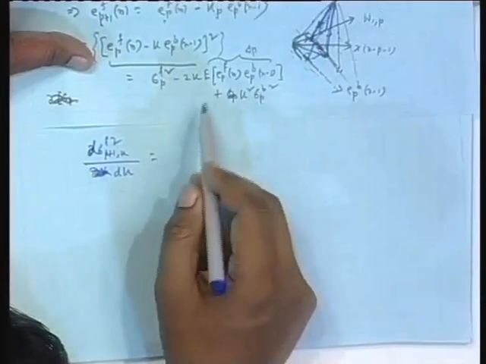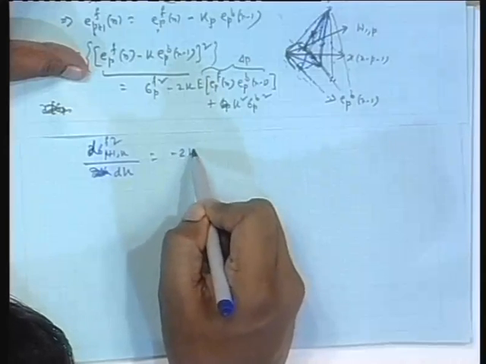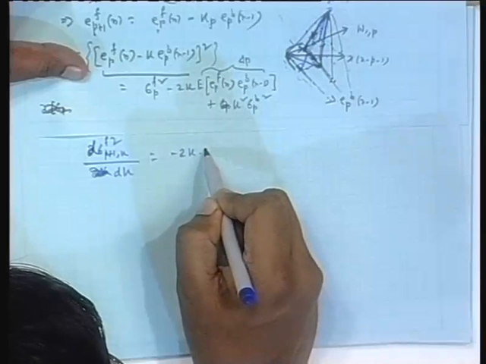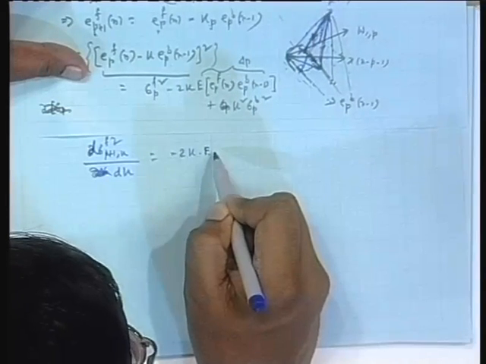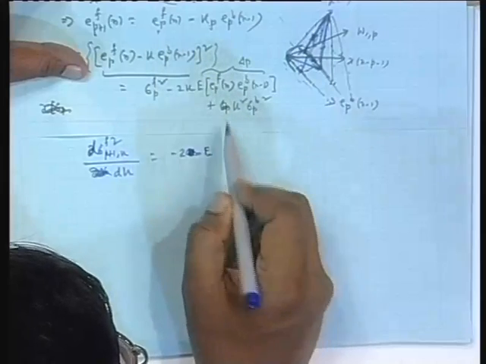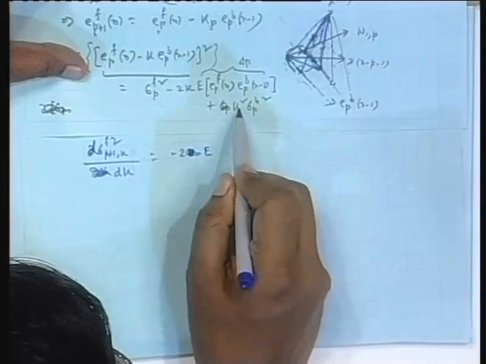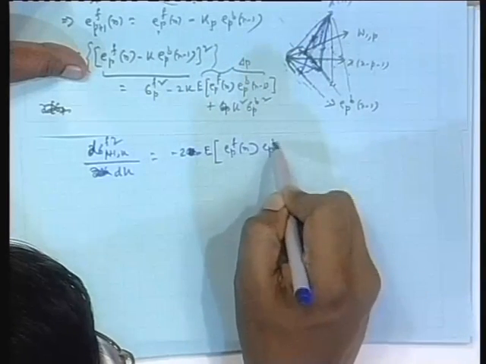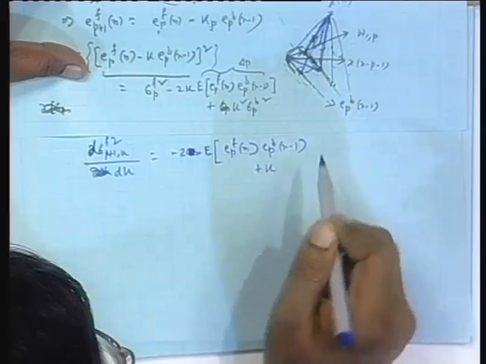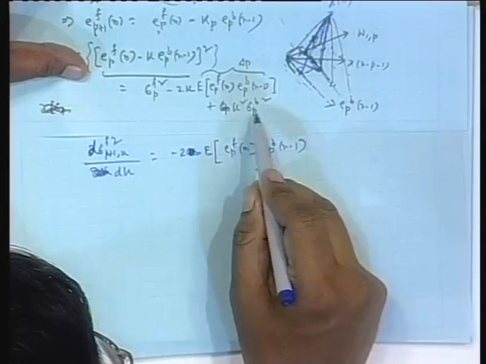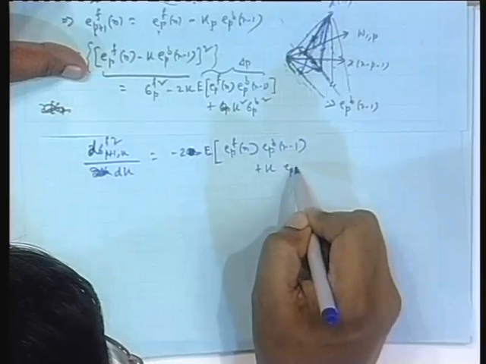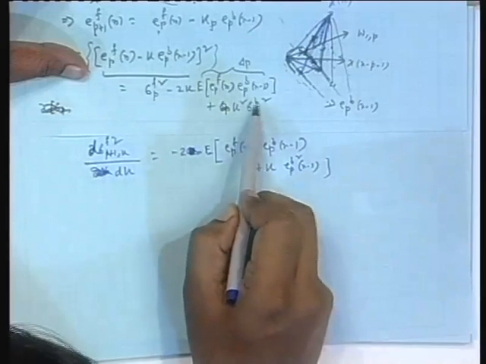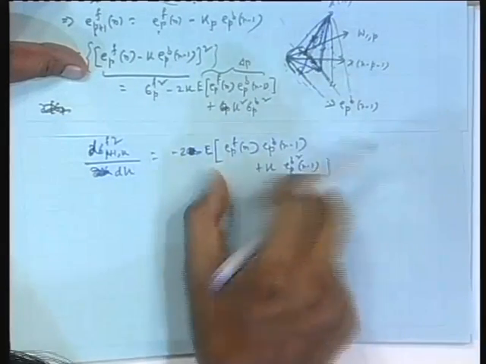So, what is this? Obviously, minus twice, sorry, k will not be there, minus 2 e, and this 2k is here. So, that 2 and 2 I take common, E p f n E p b n minus 1 plus k times sigma p b square. I am coming back to this form. I am putting them under the fold of E operator.